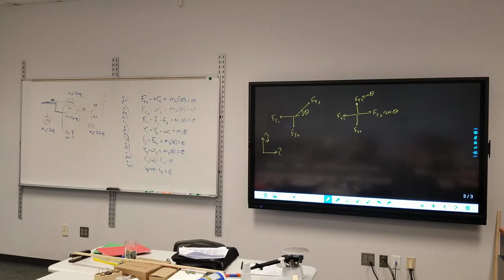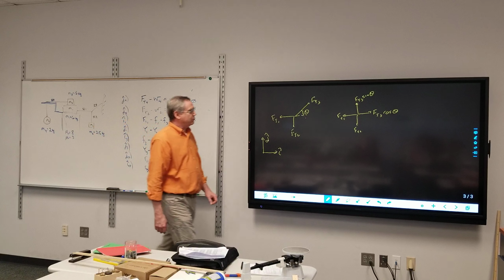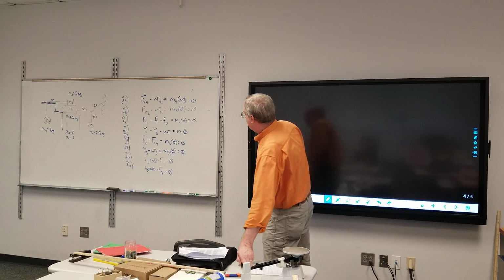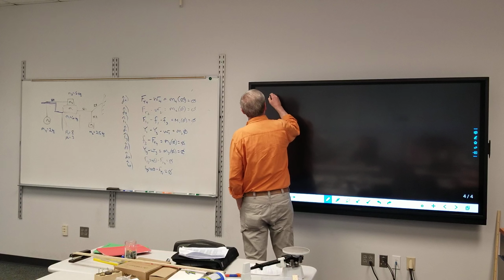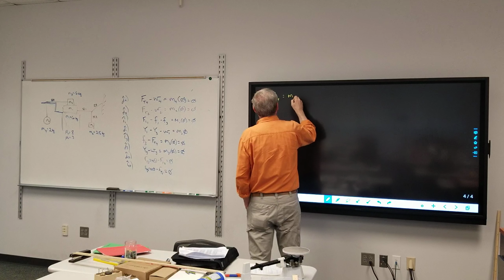What's next? Substitution. All right, so where do we have formulas? Starting with J4, it would be FT4 equals weight 4, which equals mass 4 times little g.